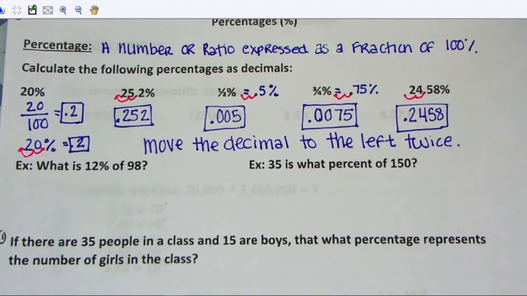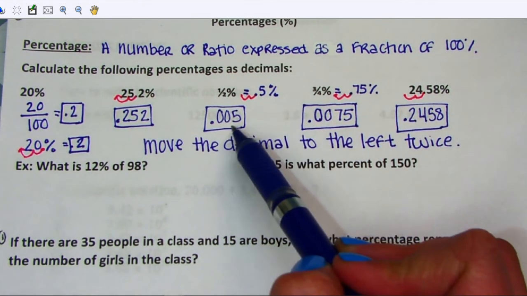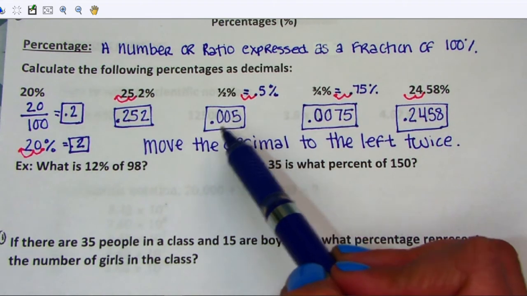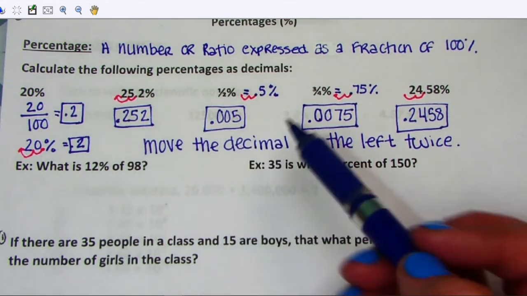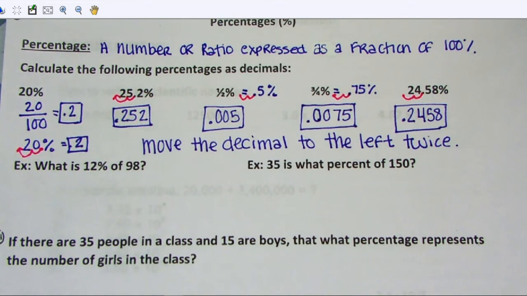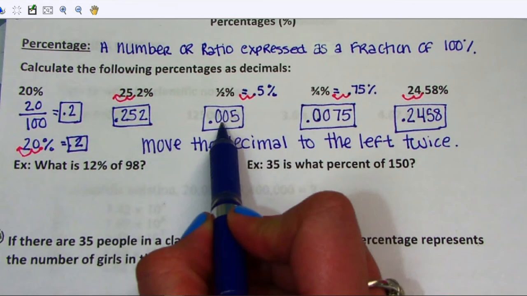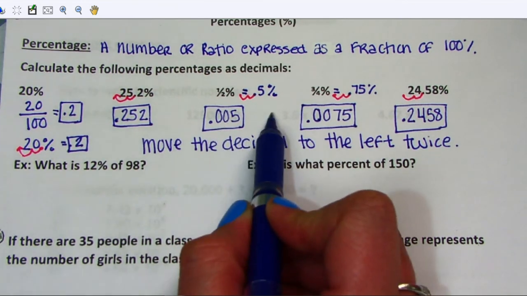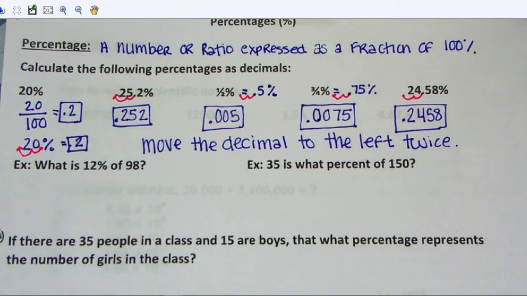So if I wanted to make 0.005 a percentage, I would move the decimal to the right. When I'm going from percent to decimal, move it to the left twice. When I'm going from decimal to percent, I move it to the right twice. Or multiply by 100. So I could multiply this decimal by 100, and that would take me back up to the percentage.